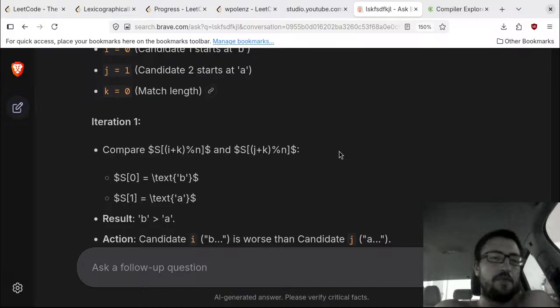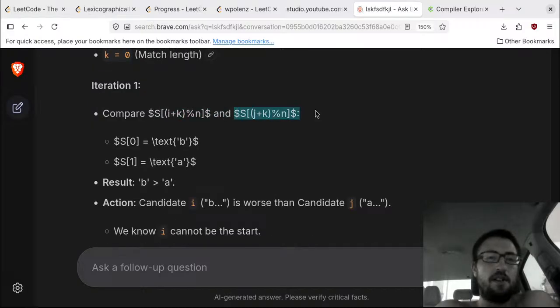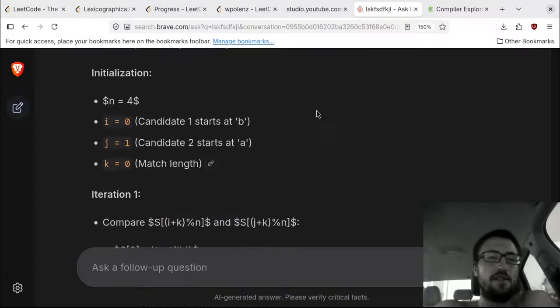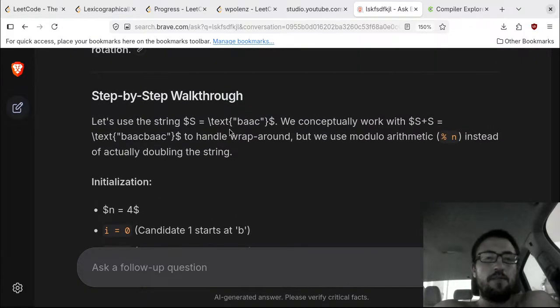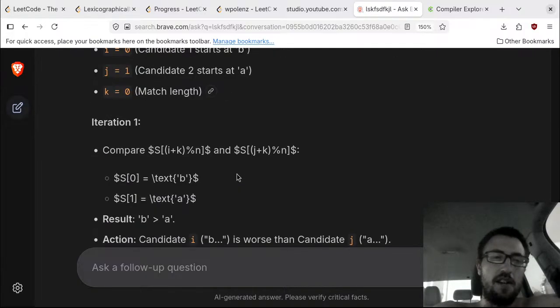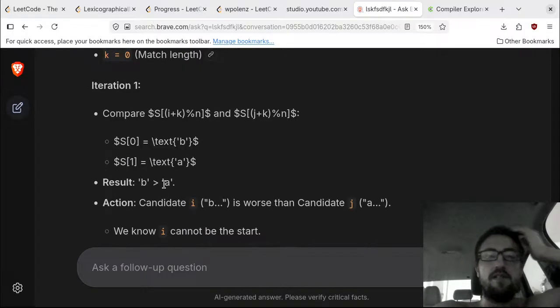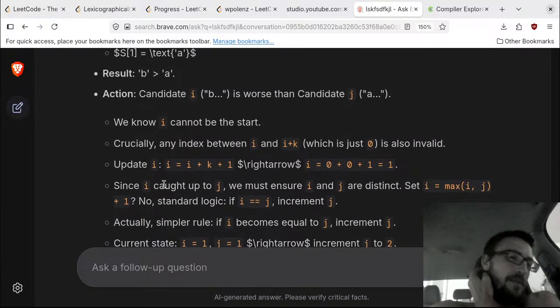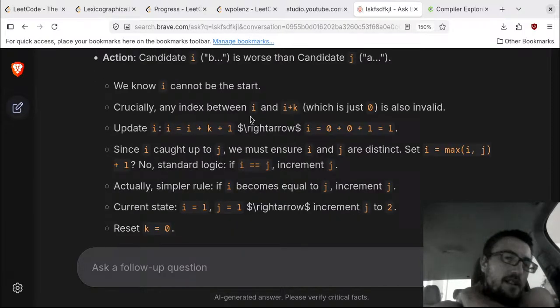Compare s of i plus k mod n and s of j plus k mod n. All right. So in this case, the string is BAC, and we're going to compare B and A, and we say A is smaller, right? So we update best. Any index between i and i plus k, which is just 0, is also invalid.